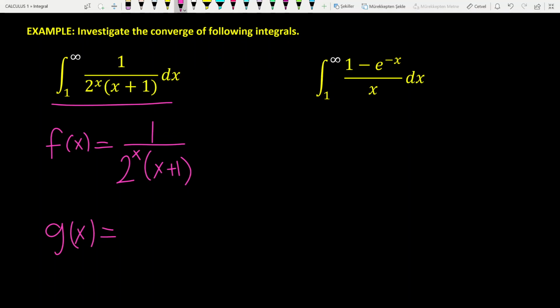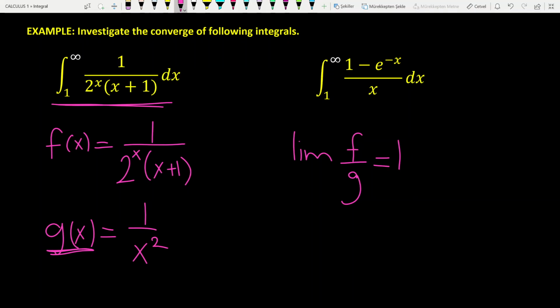In the next step we will find the limit of f over g and examine it according to the answer. So we'll use the limit comparison test and say something about the convergence of this improper integral. It is all up to us to choose g. Let me choose g as 1 over x squared.